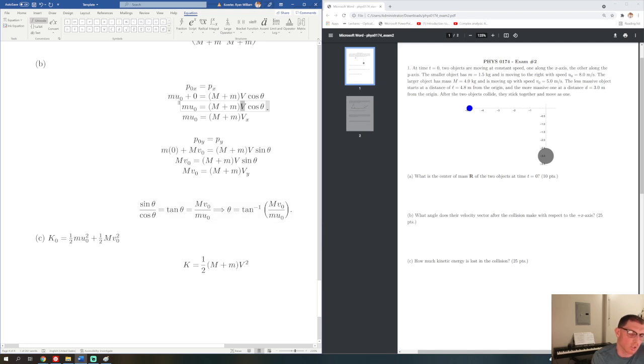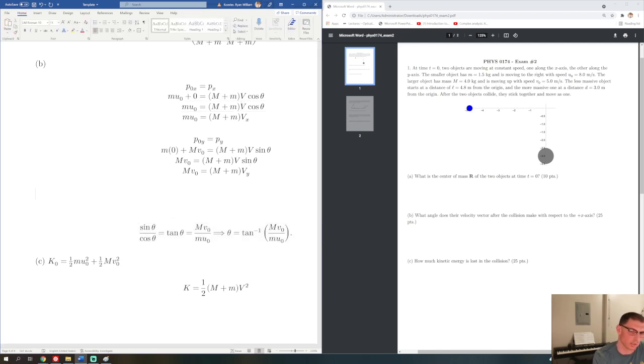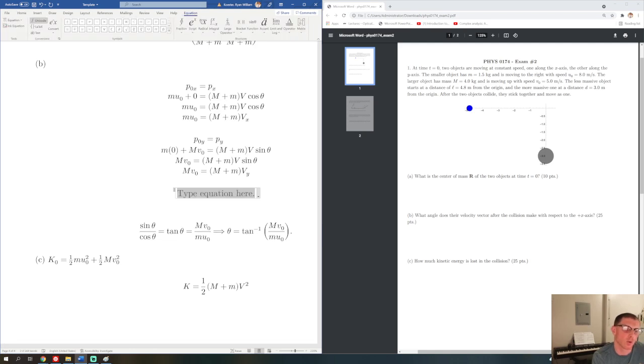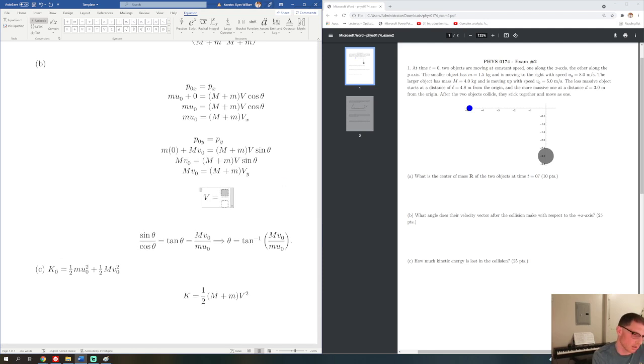Because the idea is, once you've gotten theta, it's not too much work. I'll just do it really quickly here. If we look at the y momentum equation, we would find that big V is given by big M V naught over big M plus little m, divided by sine theta.